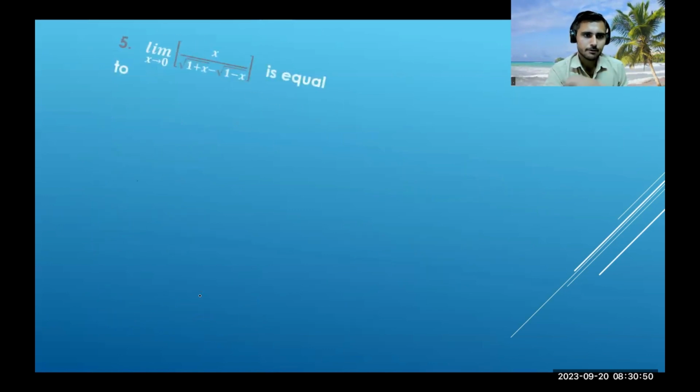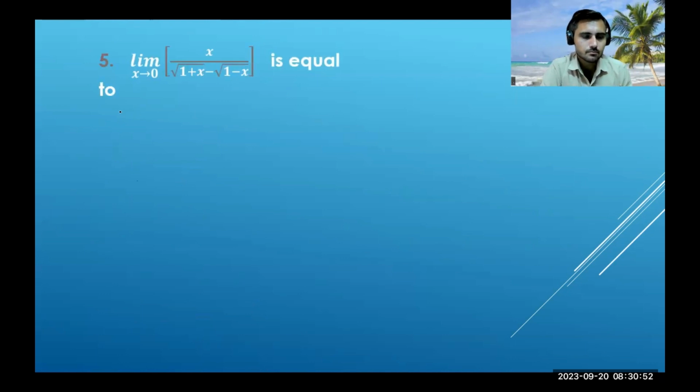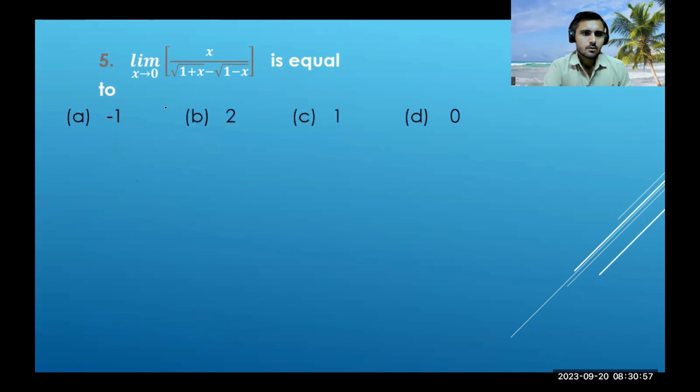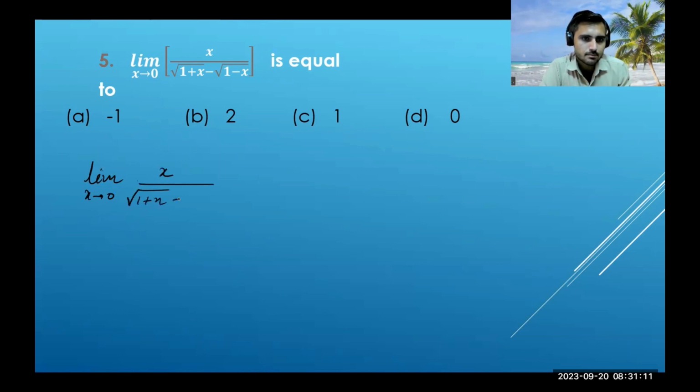Next, question number 5. Again, we have a question from rationalization. So limit x tends to 0, and we have the expression square root of 1 plus x minus square root of 1 minus x upon x.